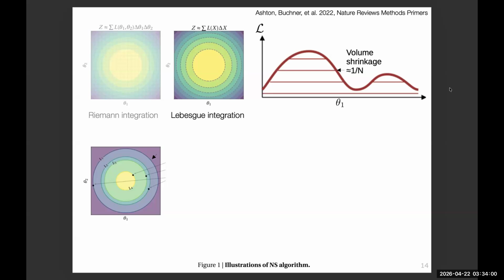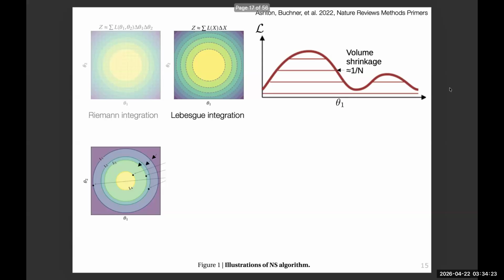And so the sampling process has a live point population that walks up to the peak until it reaches a very tiny fraction of this parameter space, and the integration is done because the product of the likelihood times the size of the volume is going to get smaller and smaller as you keep adding.